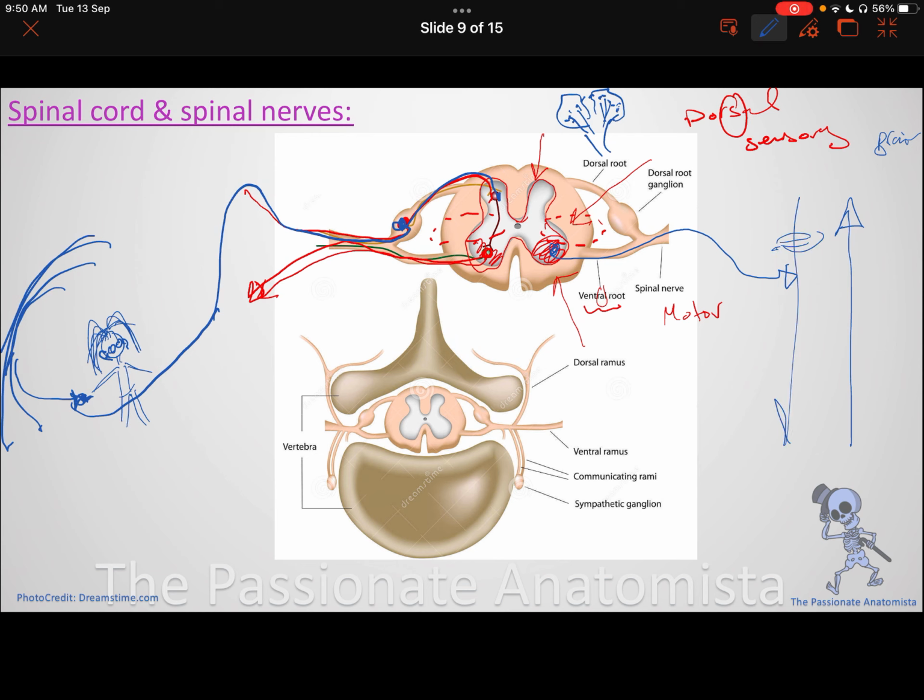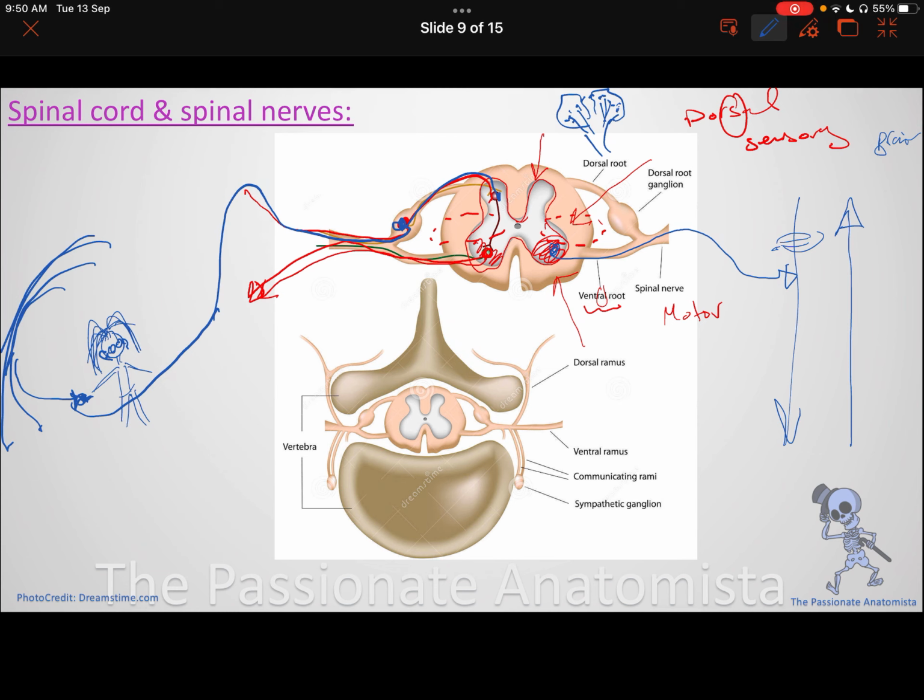So remember, the motor should come from the brain itself, from any of the brain regions: the cerebrum, the cerebellum, the brainstem. From there, this is going to control my body. This is going to tell me what to do. How should I react? How should I walk? How should I control my movement?